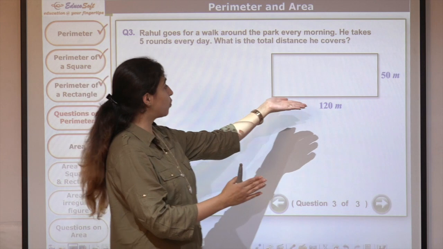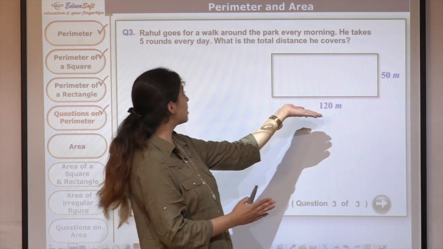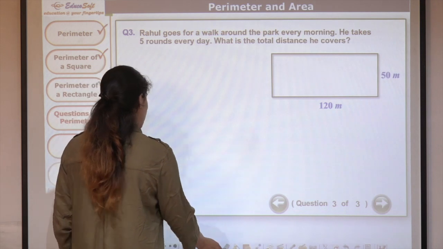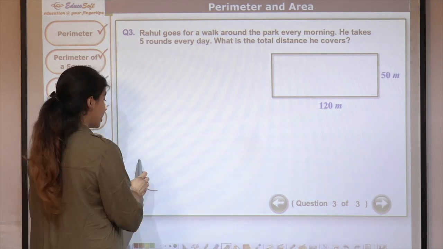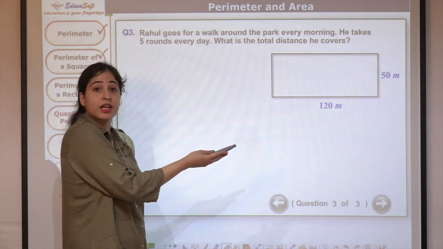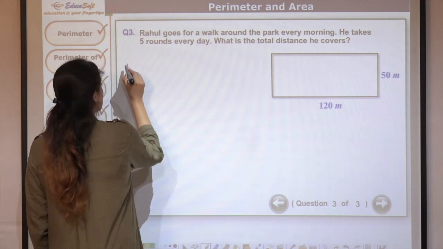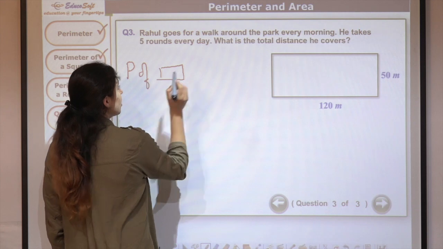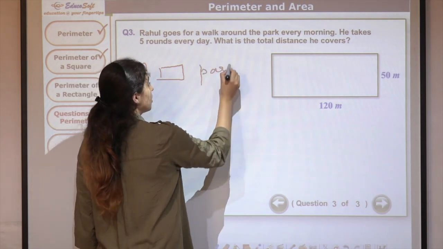Which figure is this? This is a rectangular park. Now, we can easily identify whether the figure is a rectangle or a square. So, perimeter of a rectangular park.